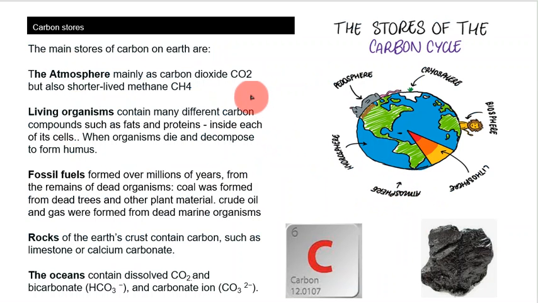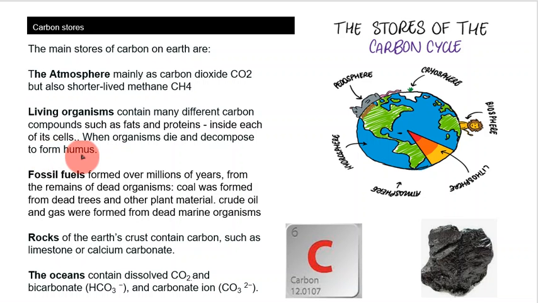The other carbon stores are living organisms. Living organisms contain many different carbon compounds, such as fats and proteins inside each of their cells. When organisms die and decompose, they form humus, a brown-black substance found in the ground.